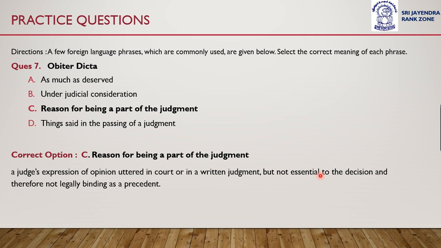A judge's expression of opinion uttered in court or in a written judgment, but not essential to the decision and therefore not legally binding as a precedent. Okay, so obiter dicta means reason for being a part of the judgment.